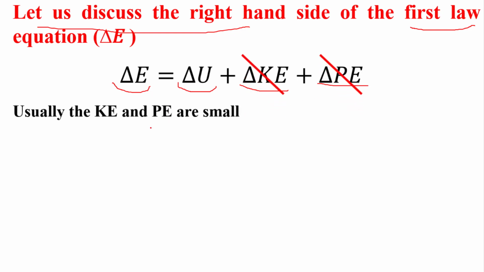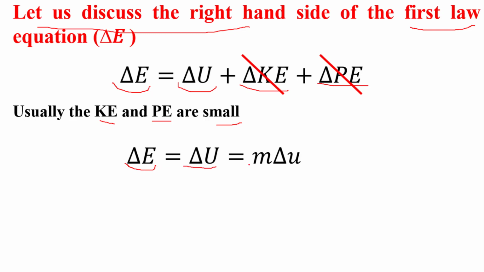Usually, in thermodynamic problems, kinetic energy and potential energy are very small, so we ignore them. So we end up with the change of energy of the system for a closed system equal to delta U, which is in joule.